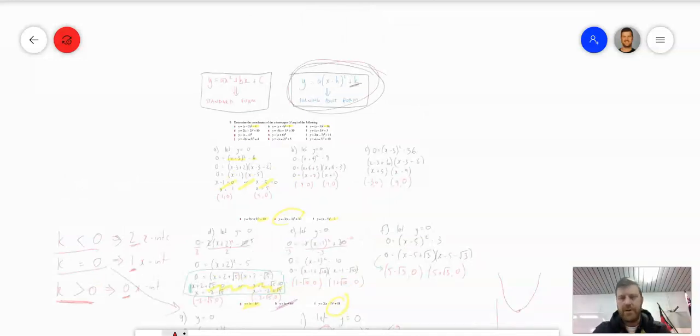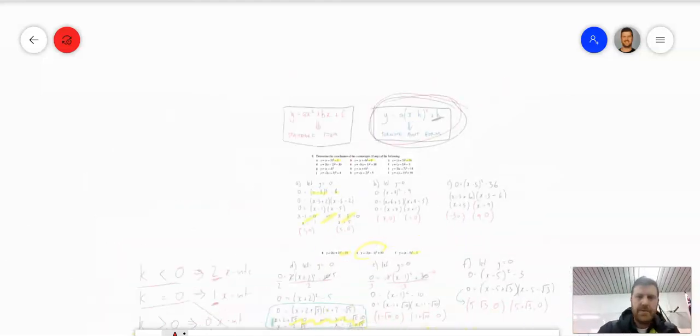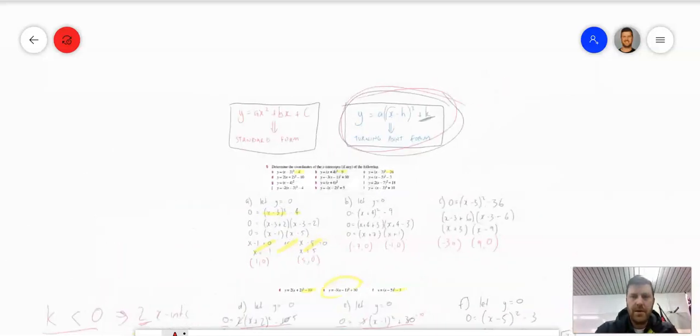Easy to determine where the turning point is. Obviously, it gives it to you. Pretty easy to work out the y-intercept because you can just substitute in x equals 0. Okay, when you're working out the y-intercepts, just substitute in 0 for that one. But to work out the x-intercepts, that's a little bit harder.